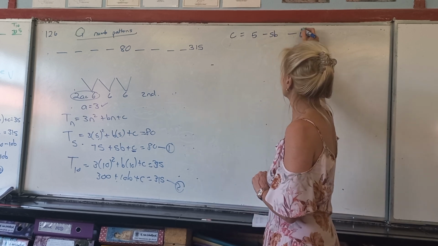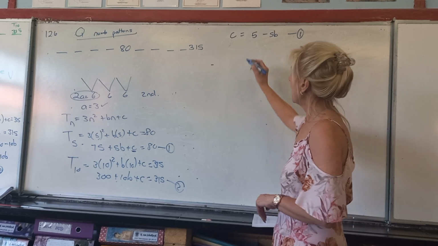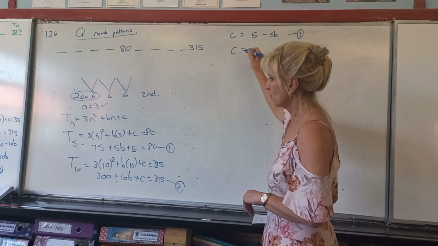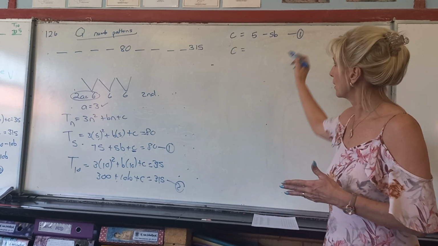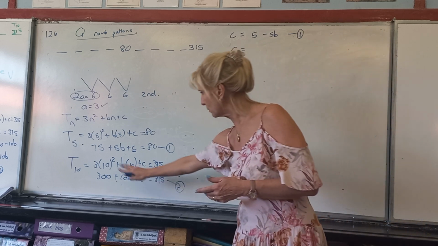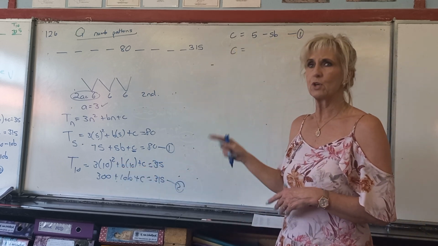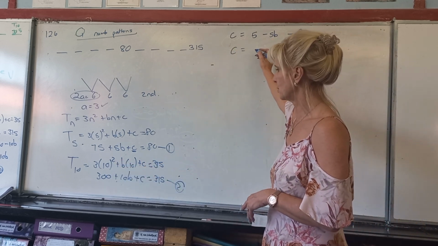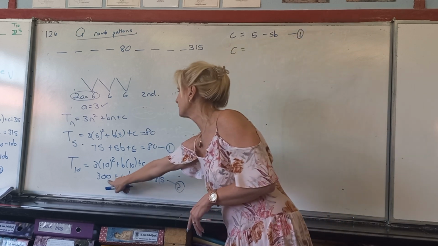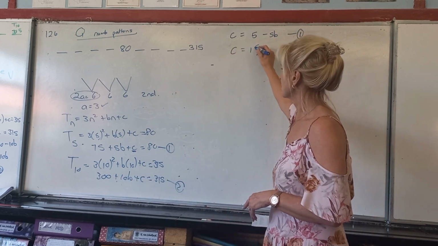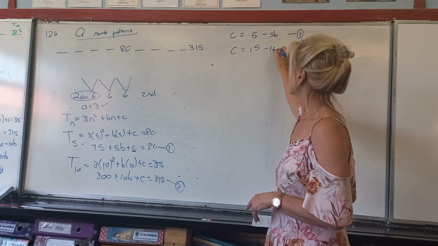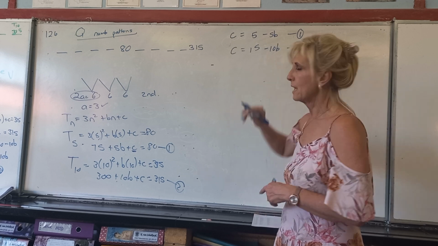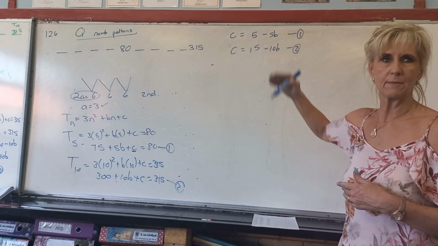And then the other one, if I also want to do that, and you don't have to, you can now substitute that in here with everything else as well. But you can also say c is equal to 15 when you take the numbers across, and then minus 10b. Now it's even easier to see the elimination process.